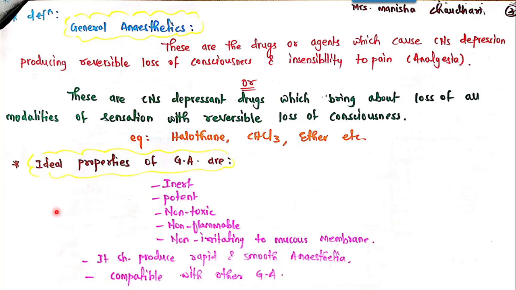And the characteristic properties are that it should produce rapid and smooth anesthesia, faster as well as smooth. Recovery should also be easily possible. Then it should be compatible with other general anesthetics, whichever other agents are administered.